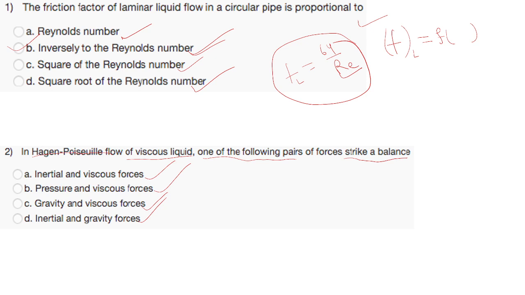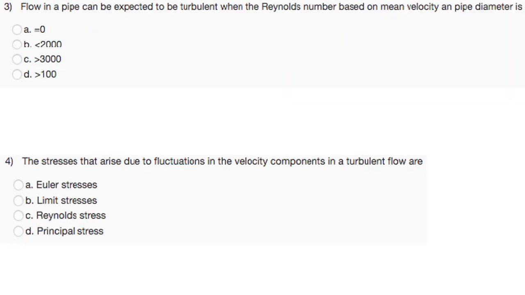Okay, please, now I have come back. Sorry for the delay. Now moving on to the next question. A flow in a pipe can be expected to be turbulent when the Reynolds number based on mean velocity and pipe diameter is greater than 2000, equal to 0, less than 2000, greater than 3000, greater than 4000, or greater than 100.